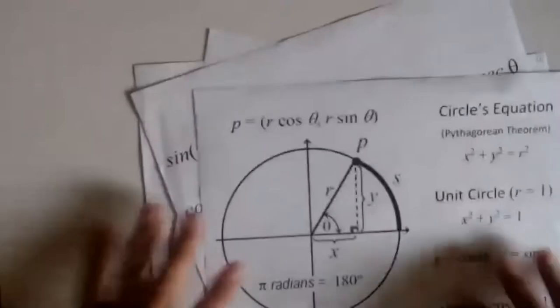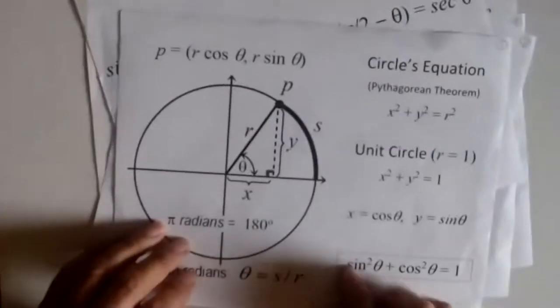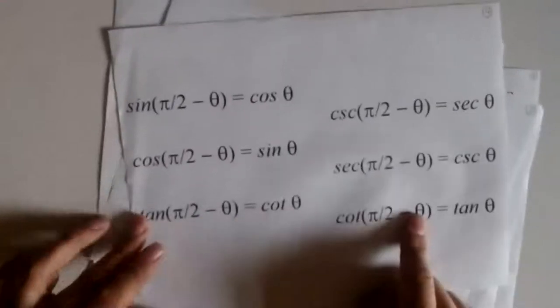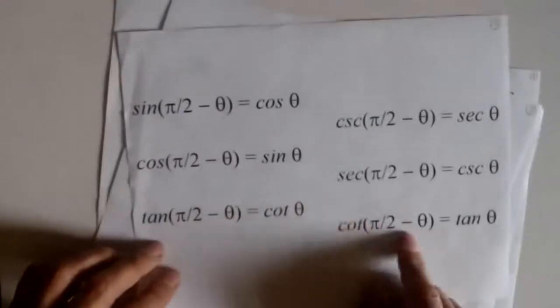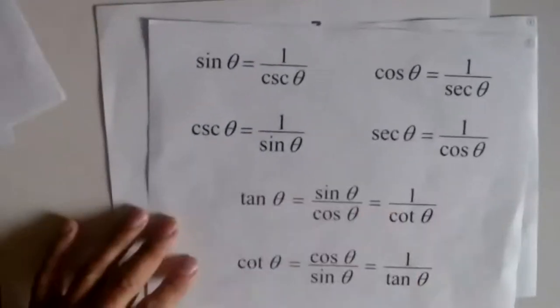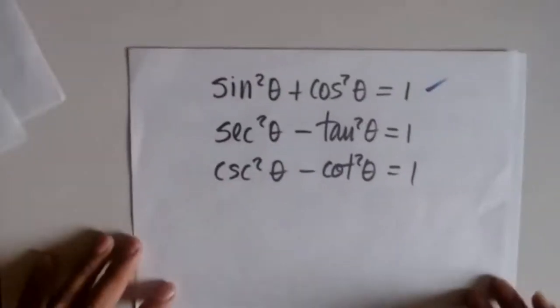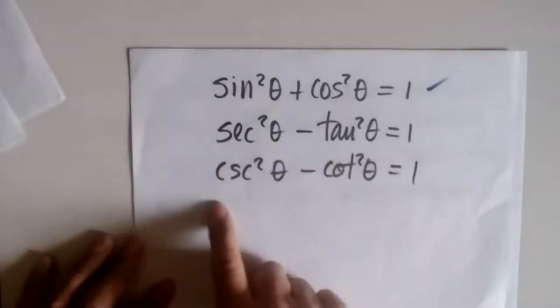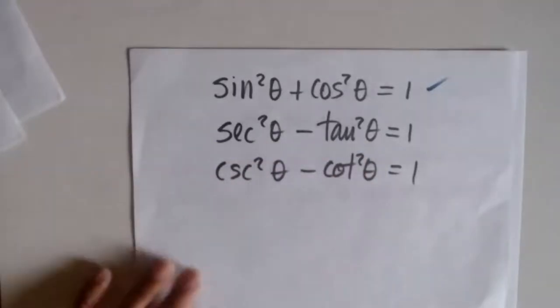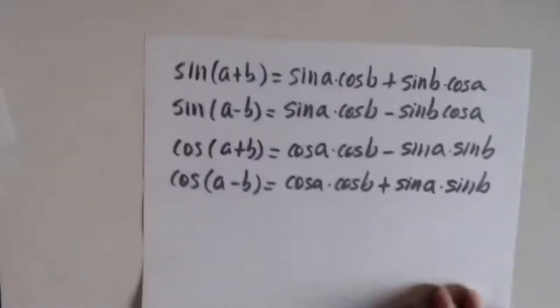Remember, all the formulas before these ones are valid: the Pythagorean one, the half angles of pi over 2 minus the shift, the negative angles, obviously the definitions of the functions tangent, cotangent, secant, and cosecant, and of course the Pythagorean identities, secant squared minus tangent squared and cosecant squared minus cotangent squared equals 1. And these are the new ones, correct?